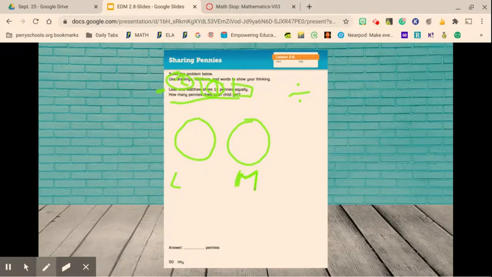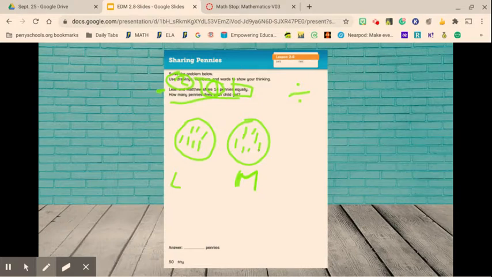and I am going to split or equally share my 14 pennies. So I'm going to say 1, 2, 3, 4, 5, 6, 7, 8, 9, 10, 11, 12, 13, 14. So I took my 14 pennies and I split them equally between Leah and Matthew.